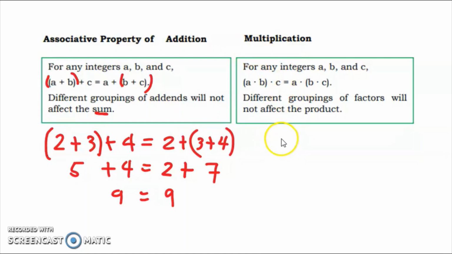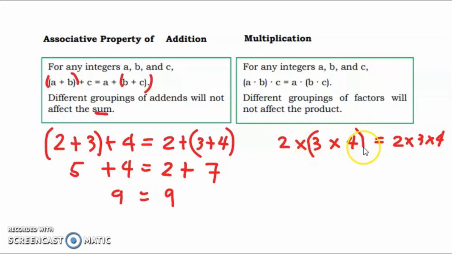Suppose I have here 2 times 3 times 4 equals to 2 times 3 times 4. Paano kung ang gusto kong magka-group dito ay ito? Obviously, dito, kung si 3 at 4 na magka-group dyan, dito ang magka-group naman si 2 at si 3. Now, let's try to solve.